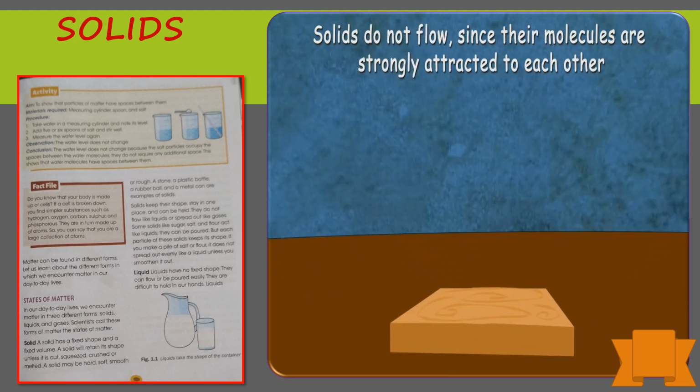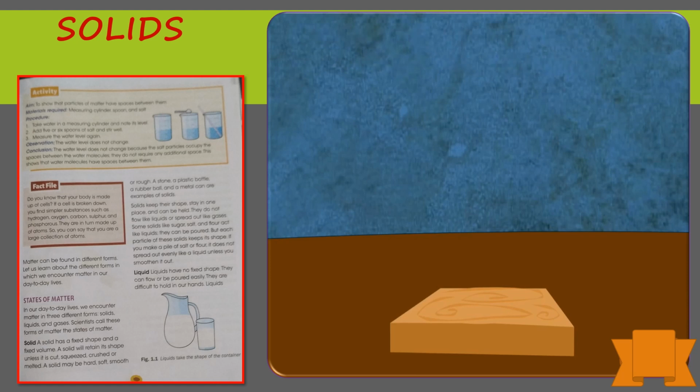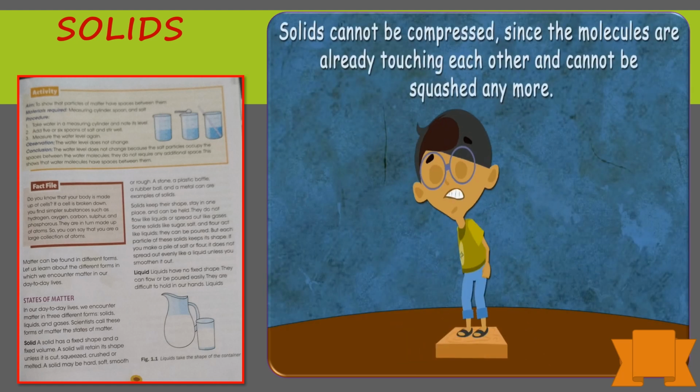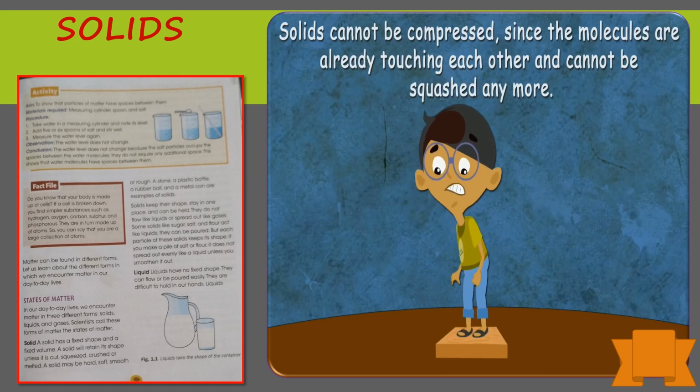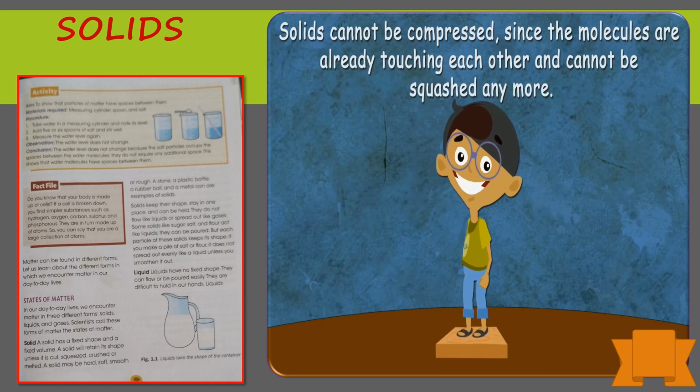Solids do not flow since their molecules are strongly attracted to each other. Solids cannot be compressed since the molecules are already touching each other and cannot be squashed anymore.